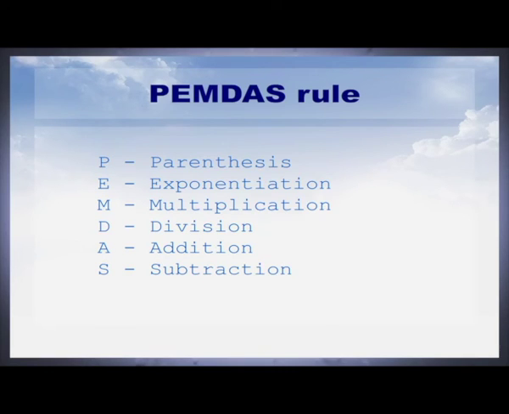Let me now enumerate the rules to be followed while evaluating an expression. To remember the rules, keep in your mind the word PEMDAS. So, when you have a confusion of how to evaluate the expression, when the expression involves multiple operators, you can follow this PEMDAS rule, where P stands for parenthesis, E for exponentiation, M for multiplication, D for division, A for addition, S for subtraction.